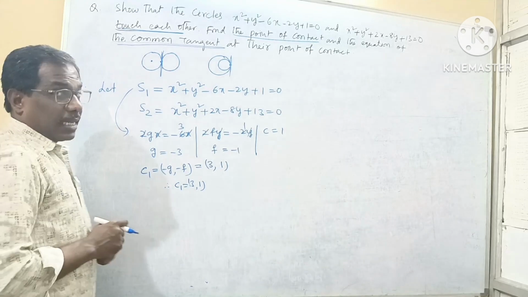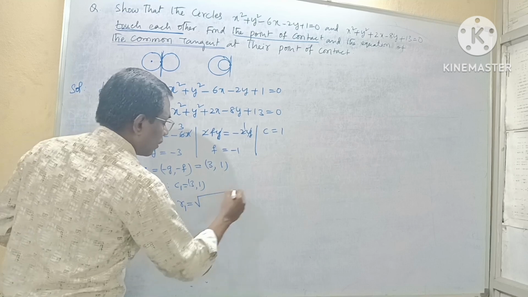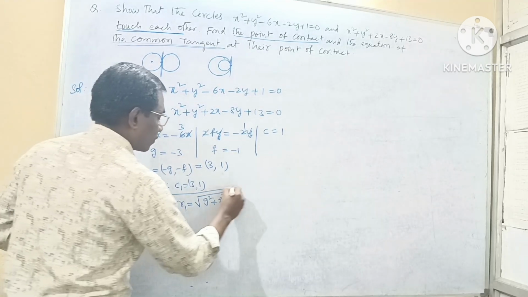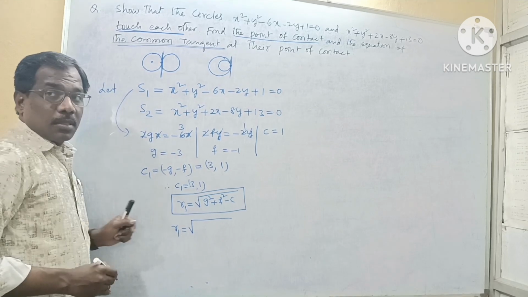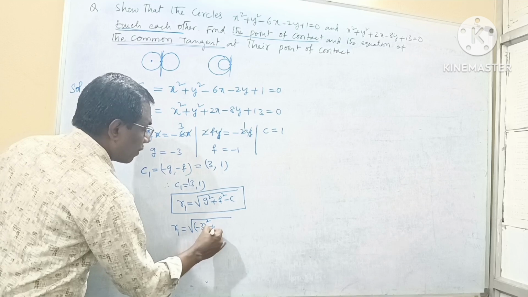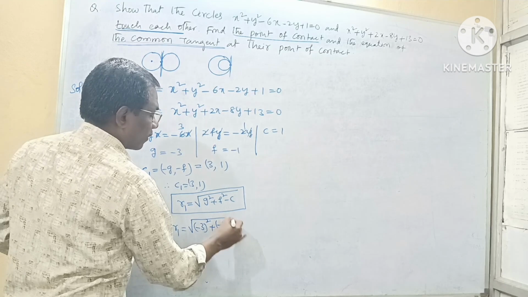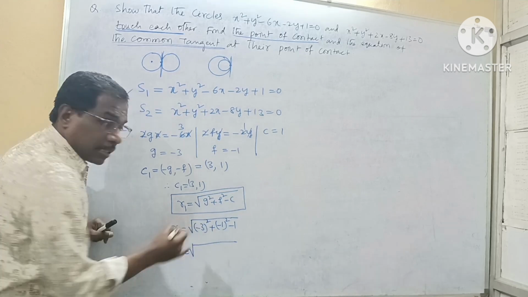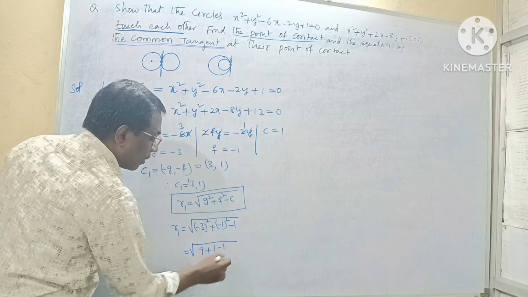Next, we find the radius R1. The radius formula is the square root of g square plus f square minus c. So R1 is equal to the square root of minus 3 whole square plus minus 1 whole square minus 1.